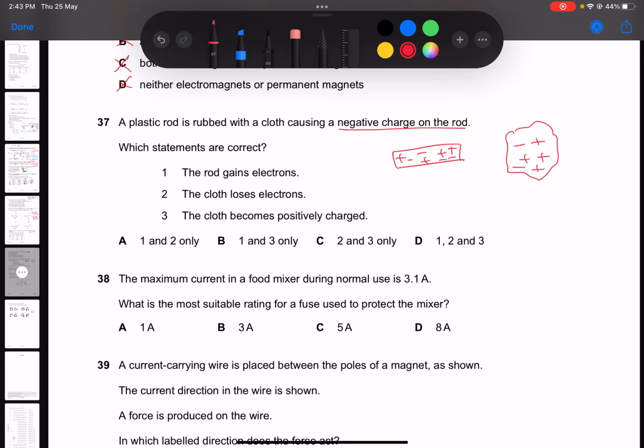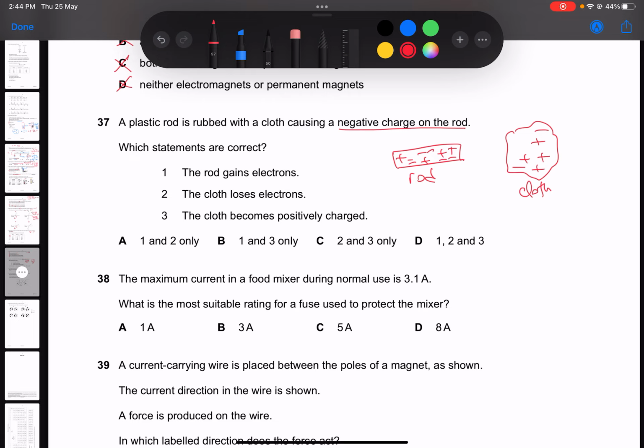When you rub, electrons from the cloth transfer to the other side, so this rod is now negatively charged, okay? So this is going to be the cloth.